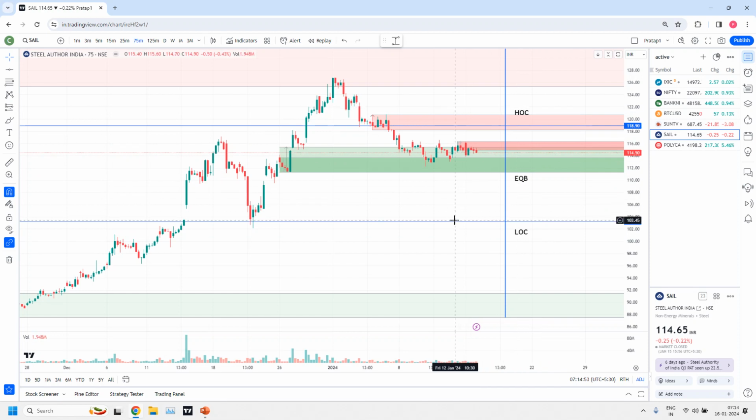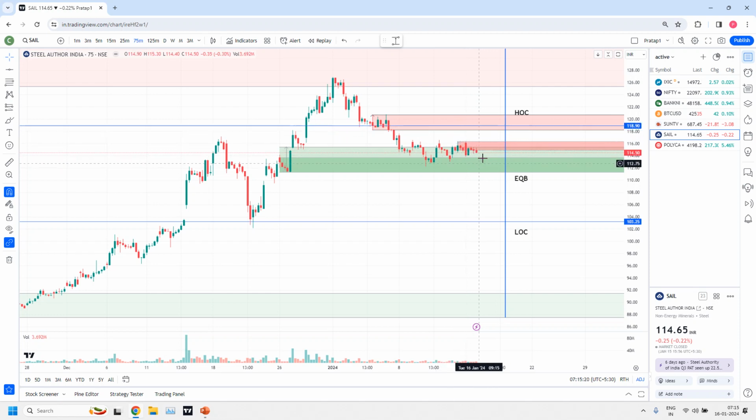For our example, we are planning a long trade as a WIT, weekly income trade, and a 75-minute zone is there within the equilibrium area, and our intermediate price direction is now supporting. The moment prices enter into the intermediate demand zone, price direction is changed from demand zone to the supply zone.